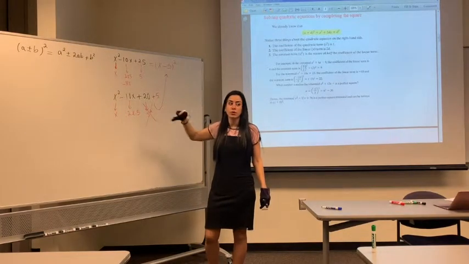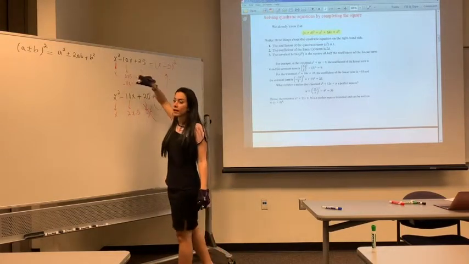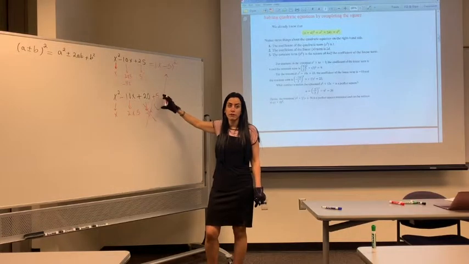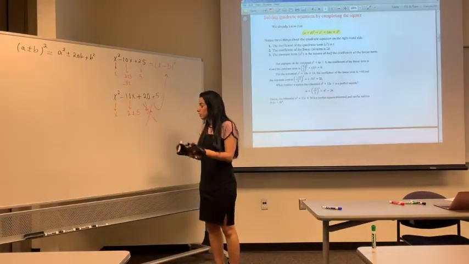So most of the equations we see from now on are not perfect like this. There is something missing, and we should cover that to make a complete square on the other side.